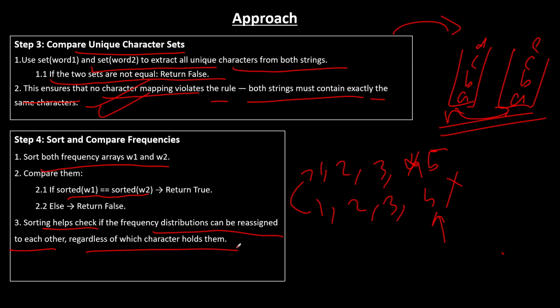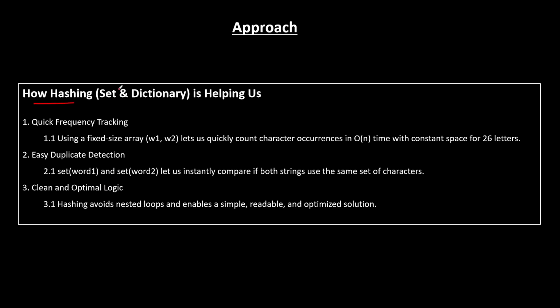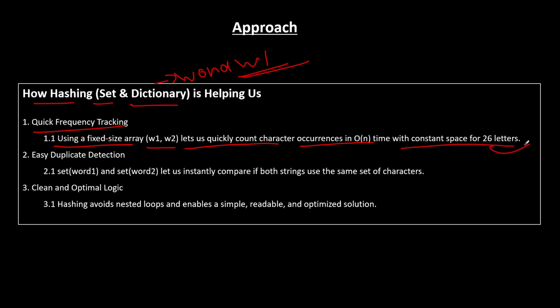Now, how is hashing, using a set and dictionary, or the word array W1 which we are using here, helping us? Quick frequency tracking using the fixed size frequency count arrays W1 and W2 for the alphabets, counting character occurrences in O of n time with constant space for 26 characters only.